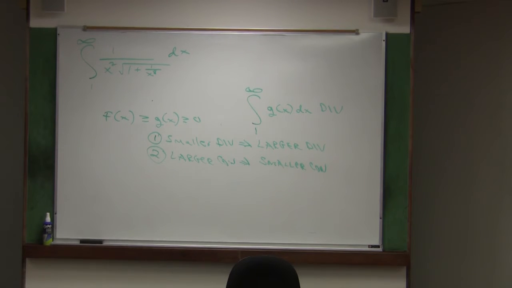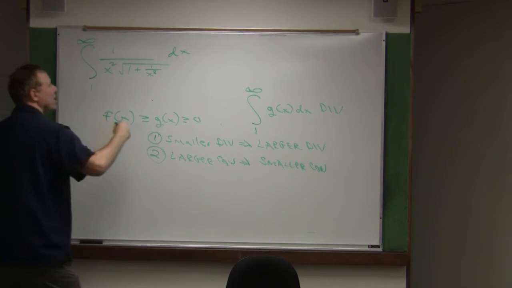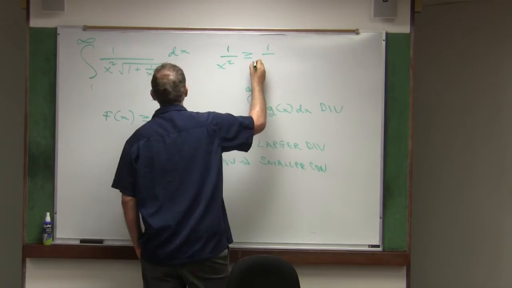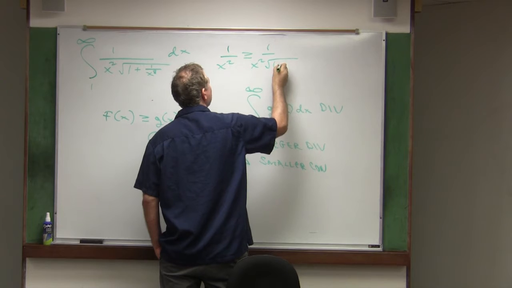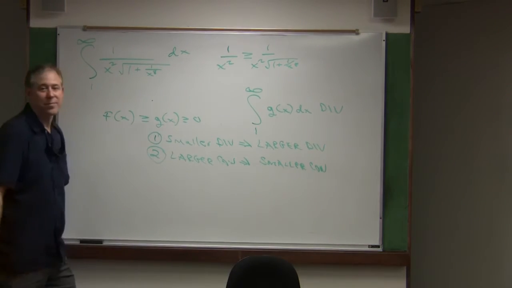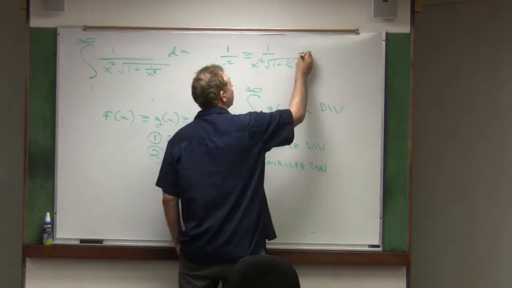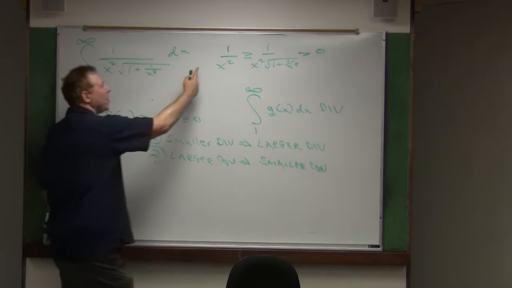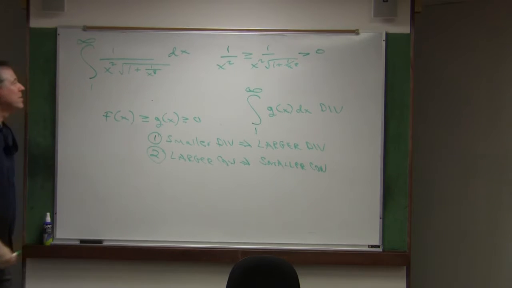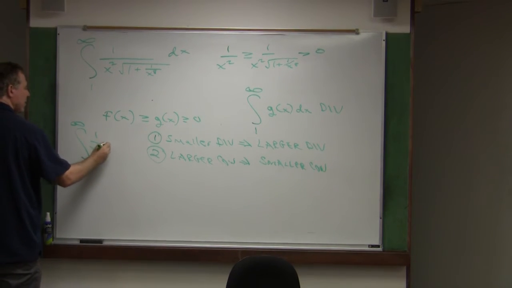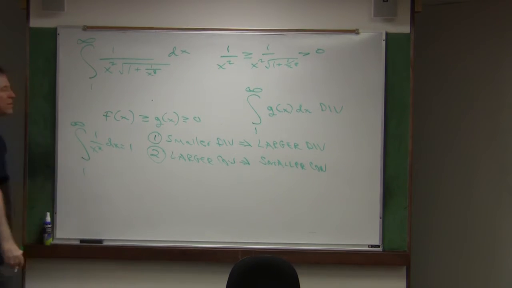So if you look at it, we know that 1 over x squared is slightly bigger than 1 over x squared times the square root of 1 plus 1 over x to the 8th, positive on this interval, from 1 to infinity. So we know that this function converges. The integral from 1 to infinity of 1 over x squared converges and is actually equal to 1. We've already seen that.